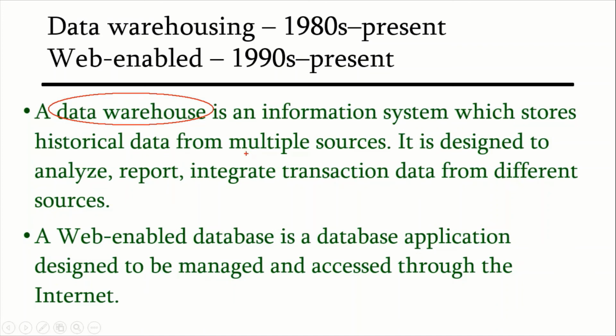From multiple sources, it stores lots and lots of data, which is used for reporting and analysis of data, which is done by data warehousing. And finally, web-enabled databases are designed to be managed and accessed through the internet.